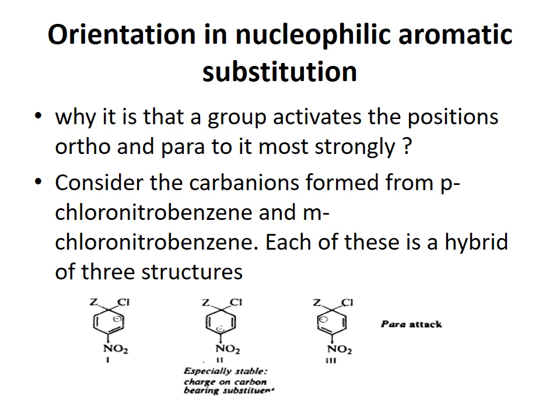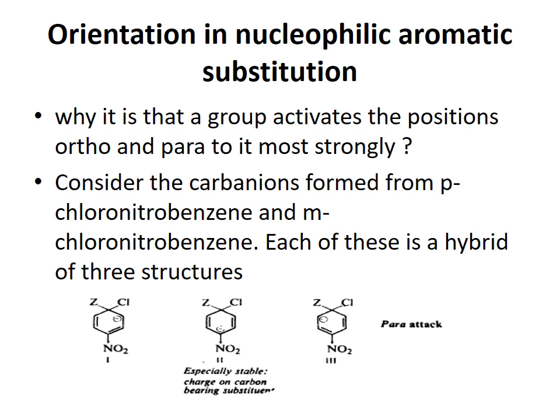In such a para attack, we can see in the central structure the negative charge is developed at the para position, and at the para position there is a nitro group, and this particular structure may be highly stable. Why is it so? The nitro group is electron withdrawing. Even though this nitro group withdraws electrons from all the positions of the benzene ring, the electron withdrawal will be more effective from the carbon to which the nitro group is directly attached.